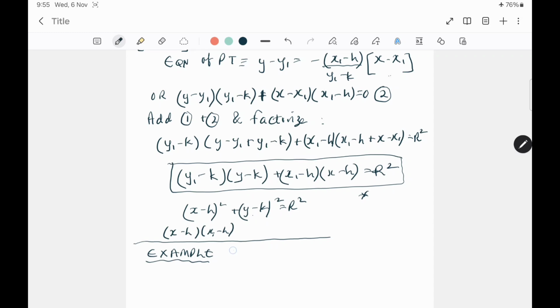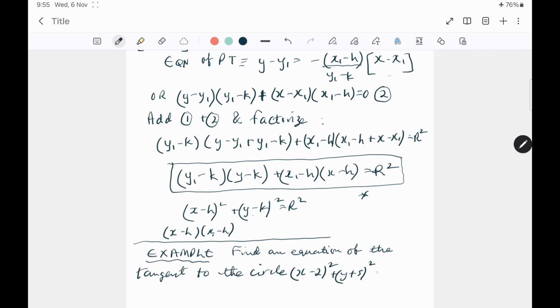Find an equation of the tangent to the circle x minus 2 squared plus y plus 5 squared equals 13 at the point 4, minus 2.